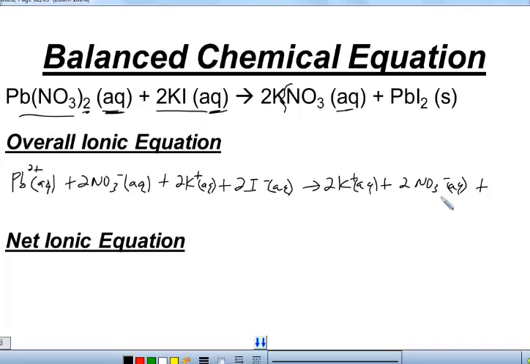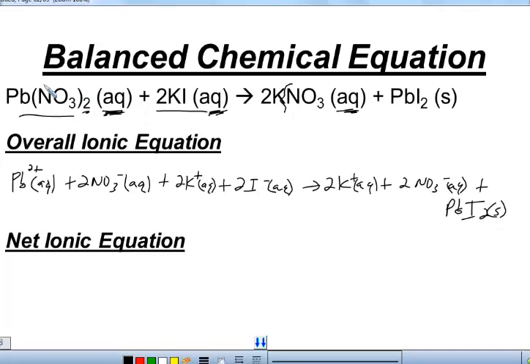But the solid here, this PbI2, stays solid, because it does not break apart in water. So it does not have free lead and iodide ions floating all over the place. All right? So that's called an overall ionic equation, where you show all the ions. Everything that's aqueous, these 3 items that are all aqueous, we broke apart into individual ions.